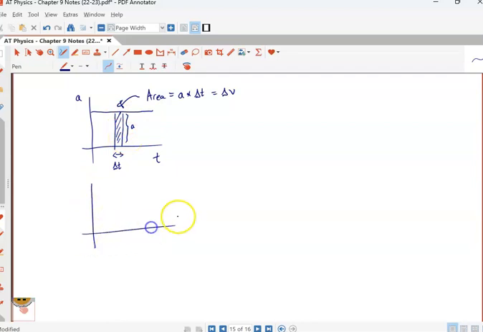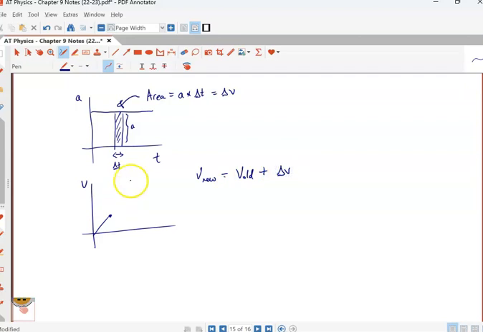So then let's say that you know the velocity at some particular point, like right up to here, and you want to know what the next velocity is going to be. You can find the new velocity by taking the old velocity and adding the change in velocity that occurred.